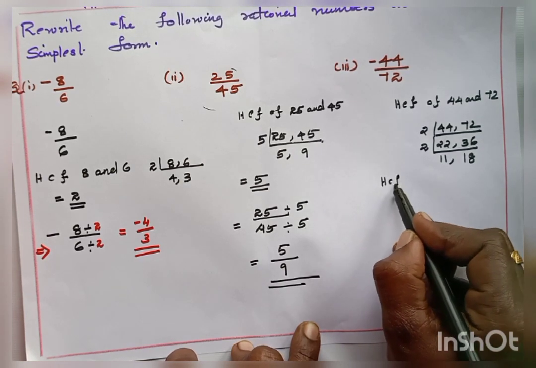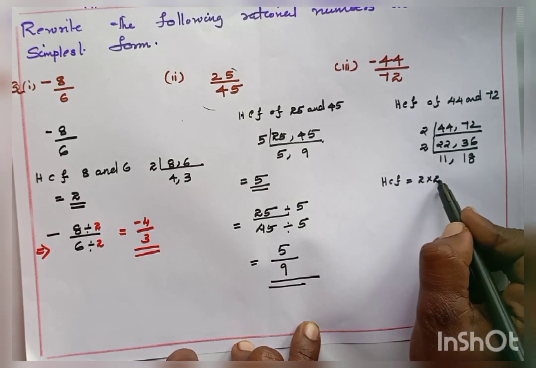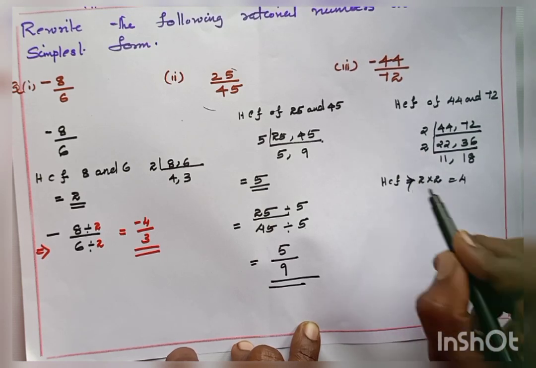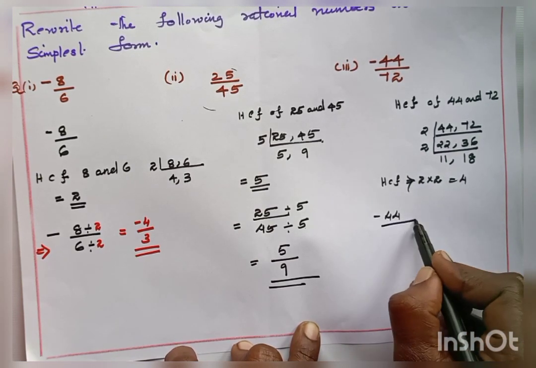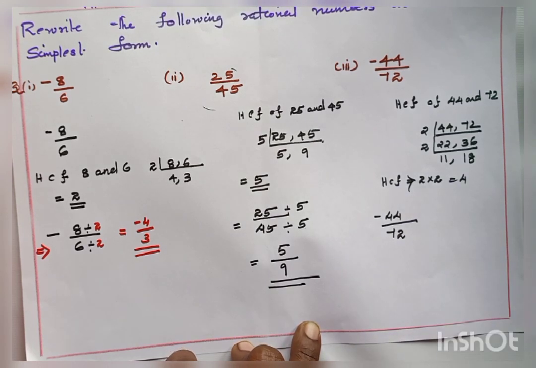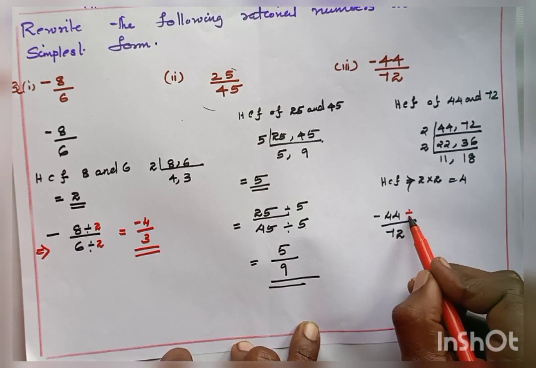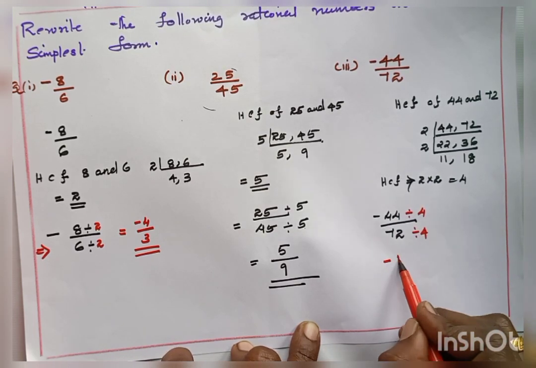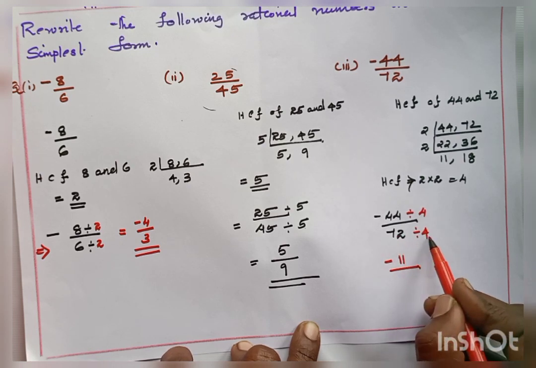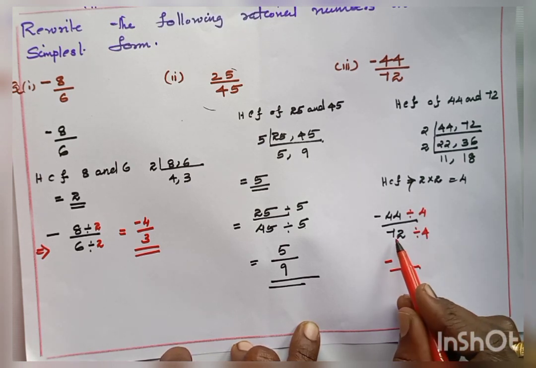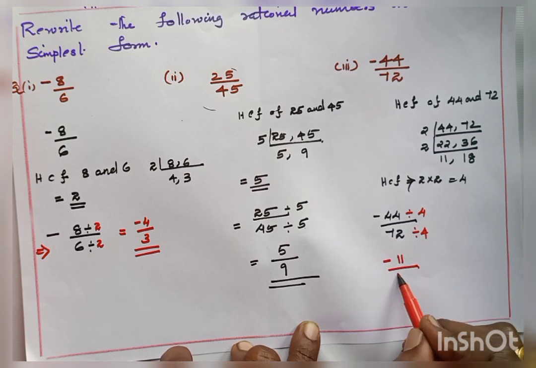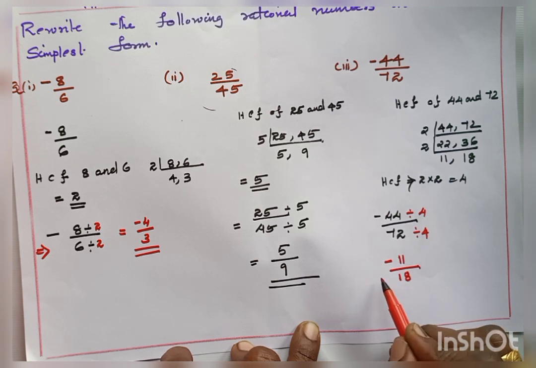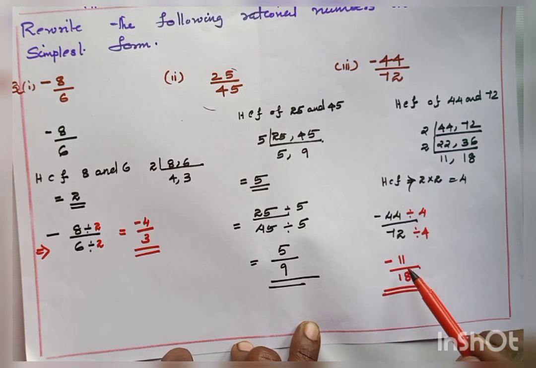So the HCF equals 2 into 2, which is 4. So dividing both numerator and denominator by the HCF 4, we get minus 44 divided by 4 is minus 11, and 72 divided by 4 is 18. So we get the answer: the simplest form is minus 11 by 18.